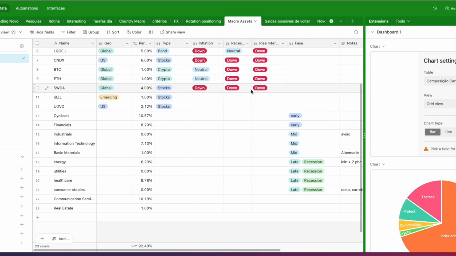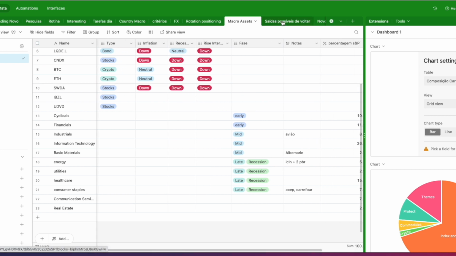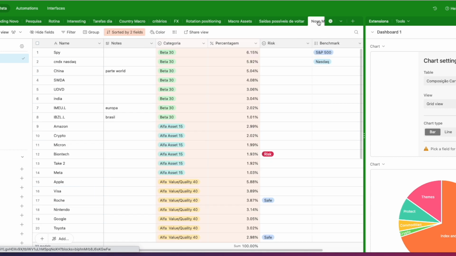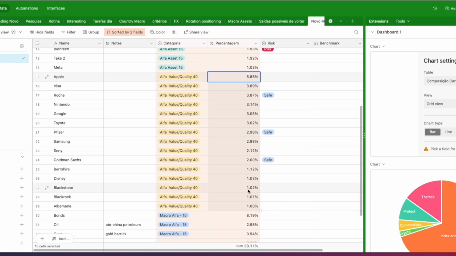I try to rebalance also the macro assets that I have in my portfolio, always looking at the sector distribution. The concepts that I speak about in the video are two main components. One is something that I call value and quality, which in the model has a percentage of 40%, and in reality has 38%, which I call alpha because it represents my effort to choose companies in terms of value and quality.